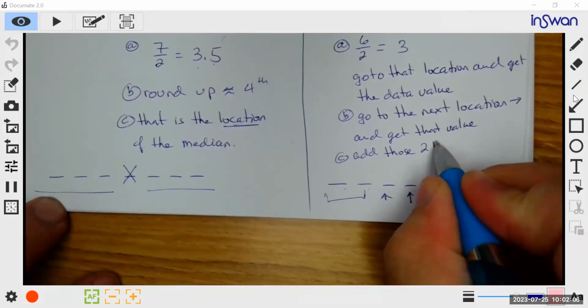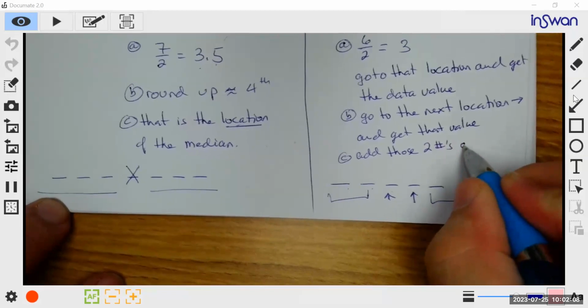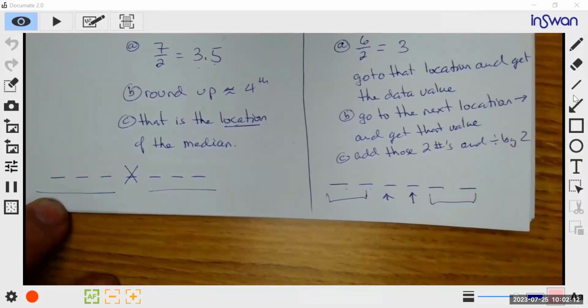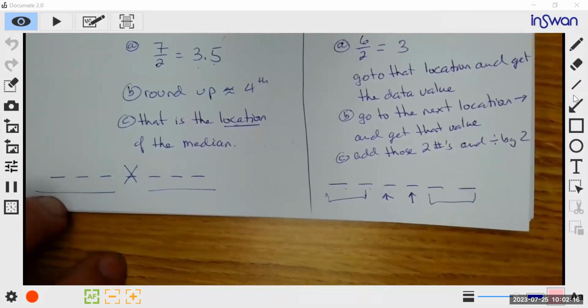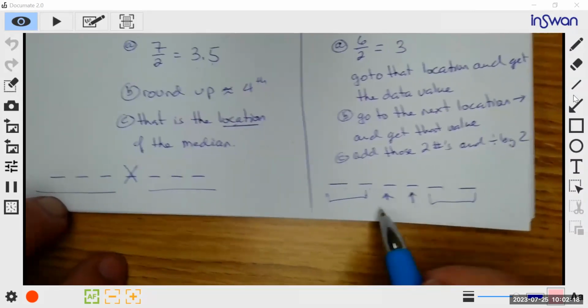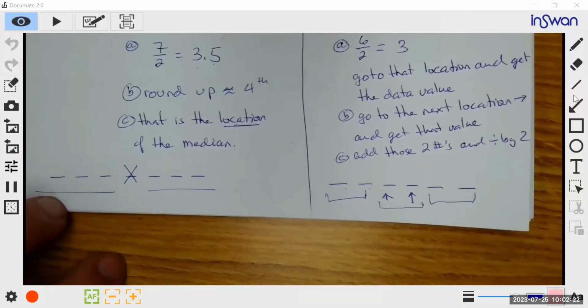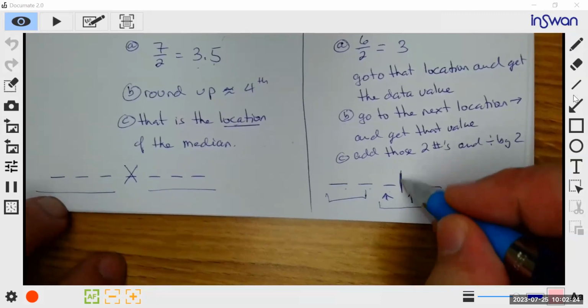Add those two numbers and divide by 2. So your median is going to be the average of your two center values. So it's going to be somewhere here.